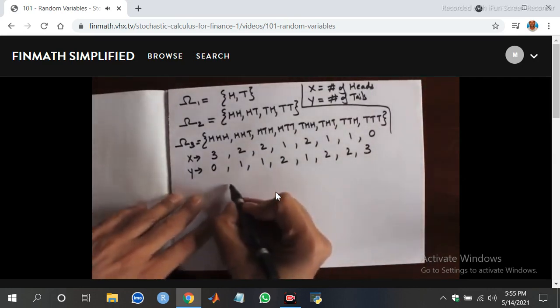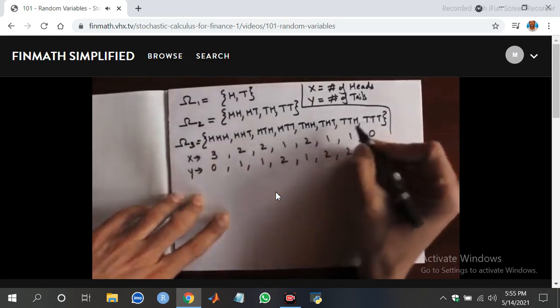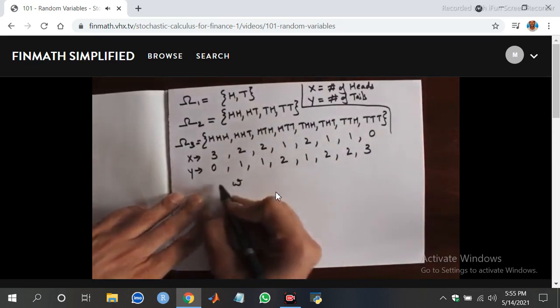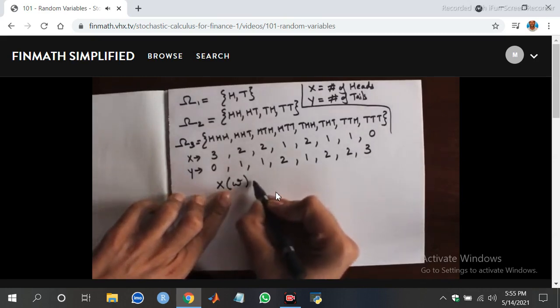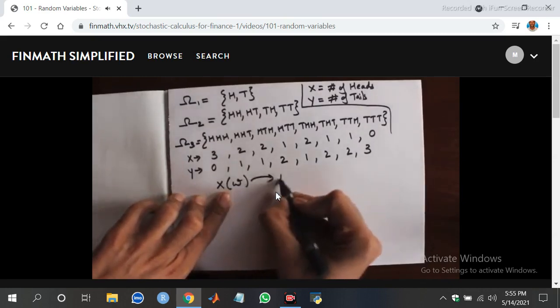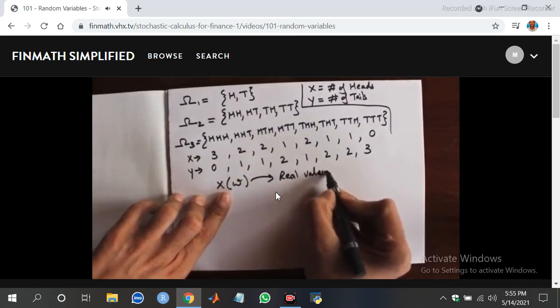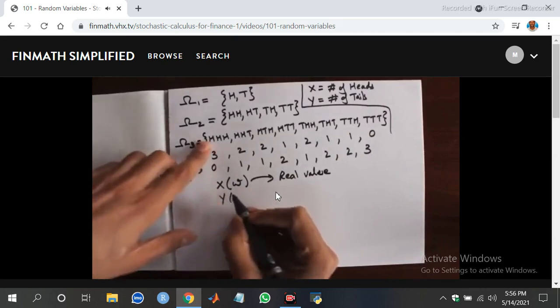Let's denote an outcome of our experiment as omega. So what we're saying is x, which is a random variable, takes on a value of omega and gives it a real value. Likewise, y is another random variable defined on the same sample space.